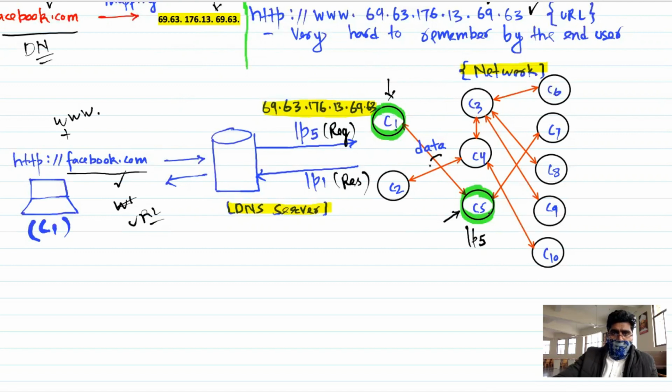There is a middleware over this network: all the requests would come to the DNS server first of all, and the DNS server will find the IP address of that particular domain name, like the one we have used here. It is the responsibility of the DNS server to direct the request to that particular machine over the network, because DNS would know the correct IP address of the machine according to the domain name you have sent.